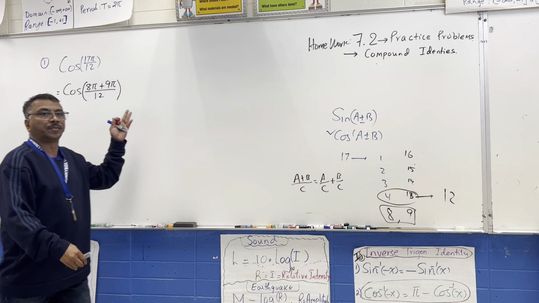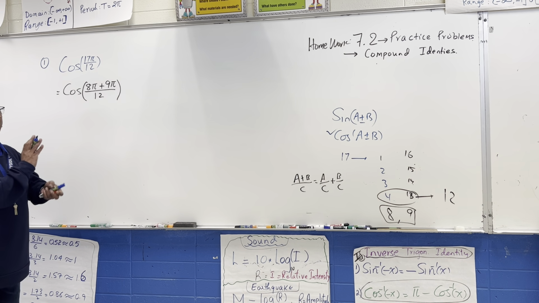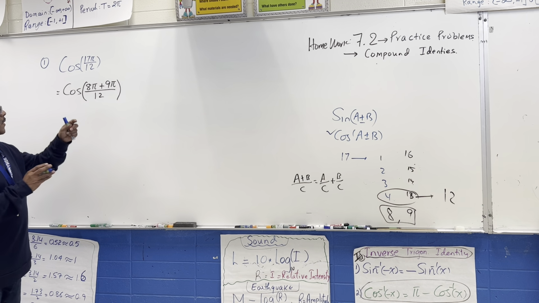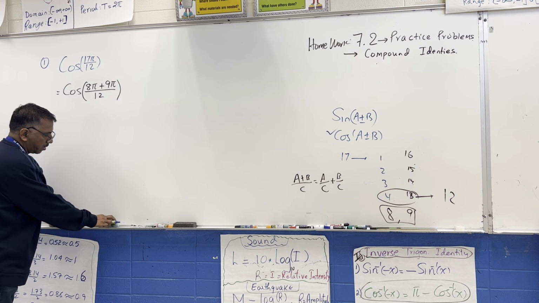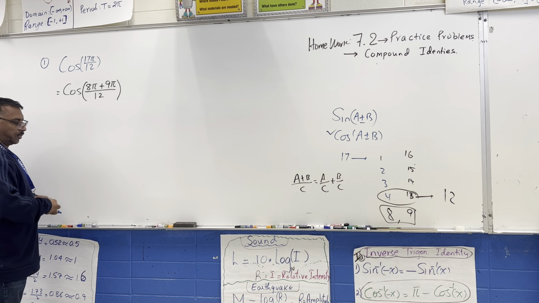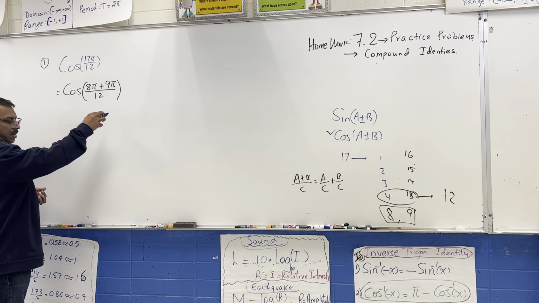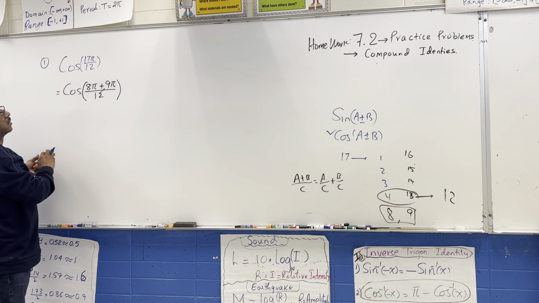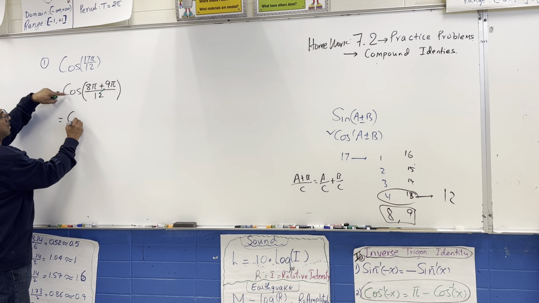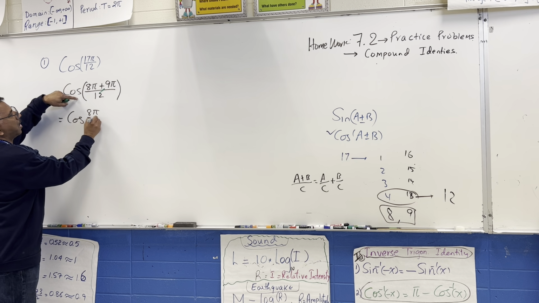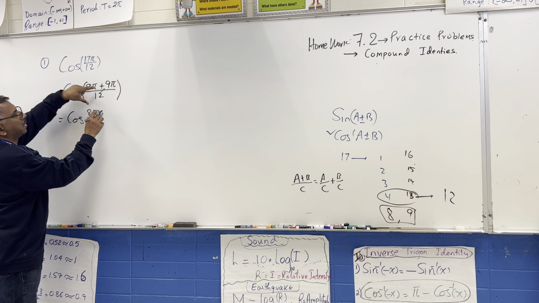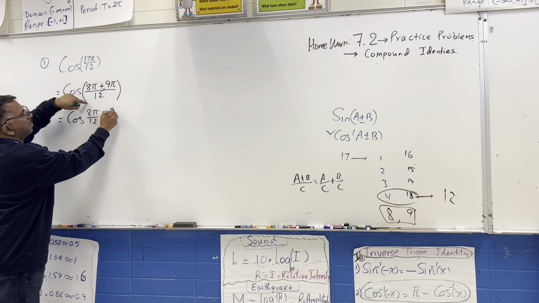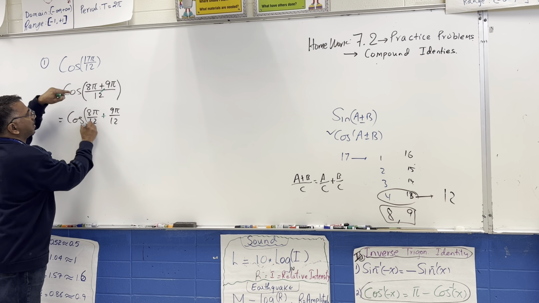Agree? It's like you are separating the denominator. You break it up. So split this here. This is cosine of 8 pi divided by 12, and then there's a plus sign, 9 pi divided by 12. Agree?